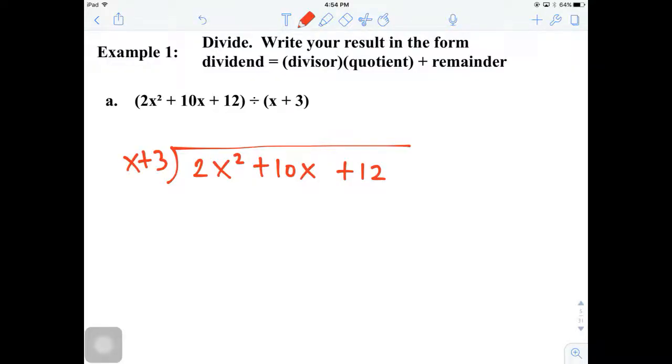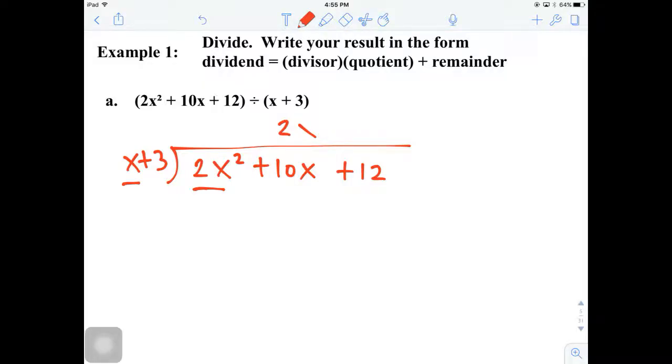The first thing we're going to do is compare: x times what gives me 2x squared? Well, I need to multiply by 2x. I'm going to write that over the first two terms, so I know when to stop when I get to the end.